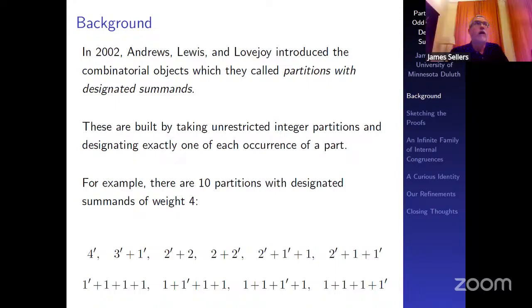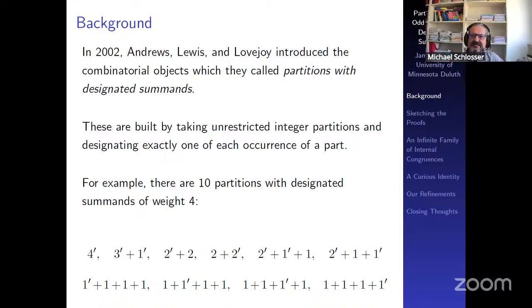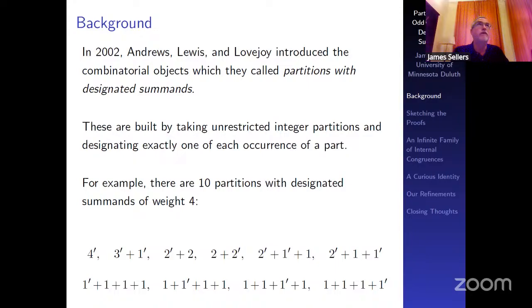So the paper that I mentioned in the list, I had a paper with De Silva from, I think, 2020, where we did what we called k-regular partitions with designated summands. In that case, k-regular means none of the parts can be divisible by k. And we were actually able to get lots of results, probably for arbitrary k, if I remember right. So it wasn't like we selected a specific set of values of k.